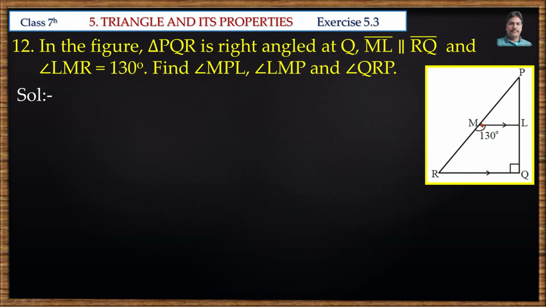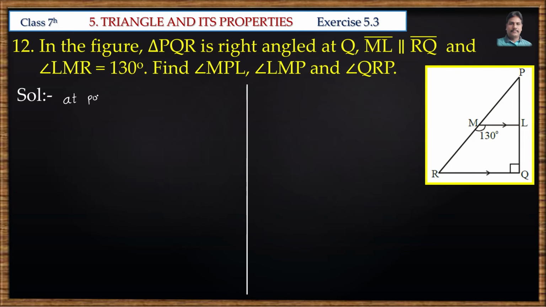First of all, we will find the angle LMP, because this angle LMP and 130 degrees both are adjacent angles on a straight line. They will be supplementary. This means sum of these two angles will be 180 degrees.